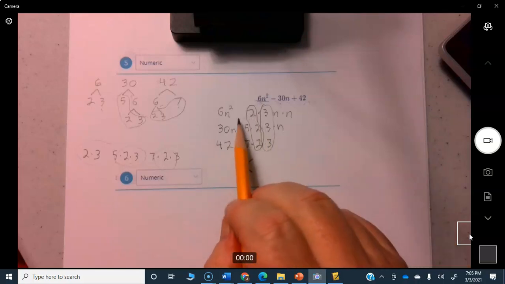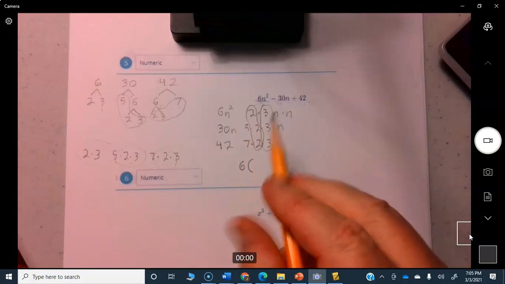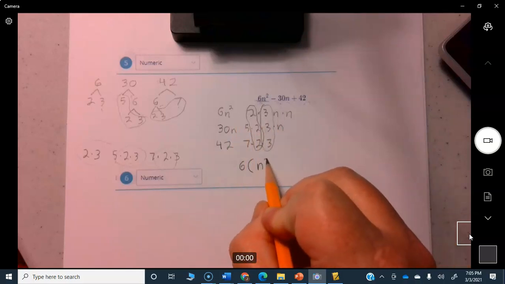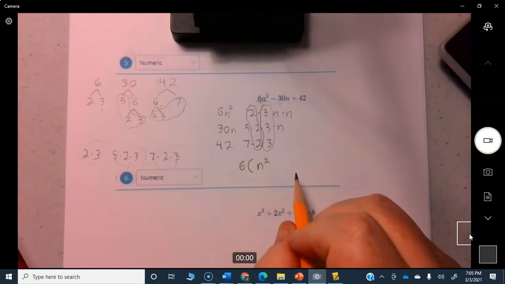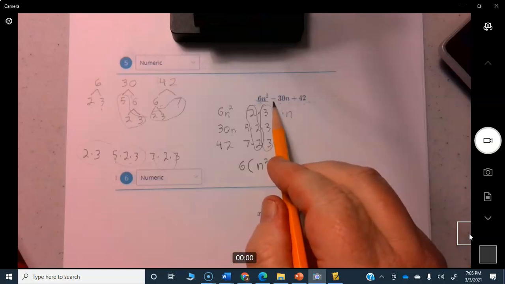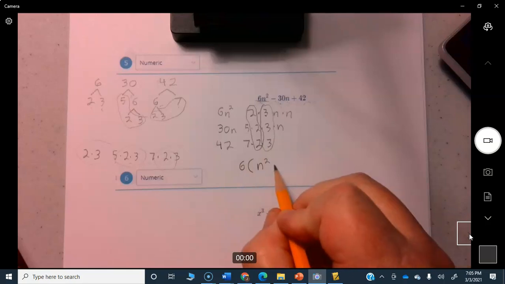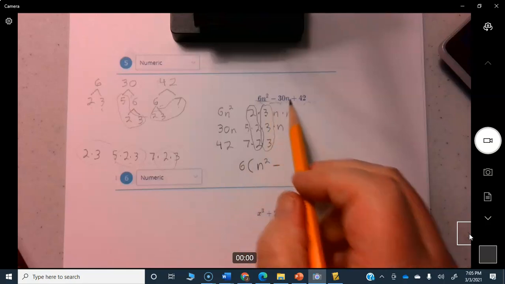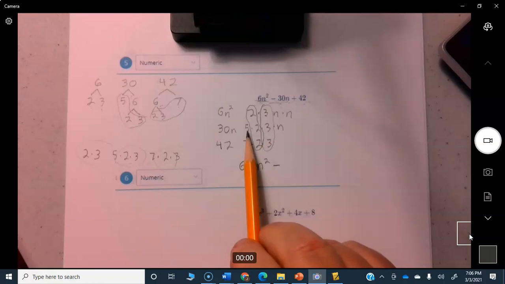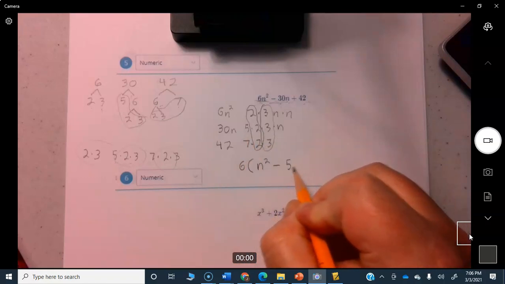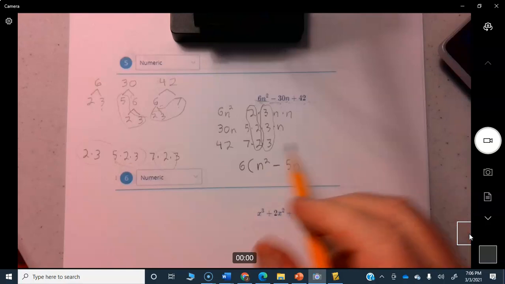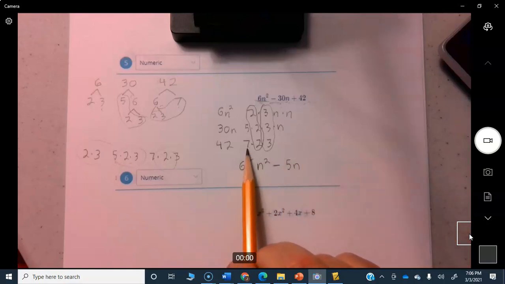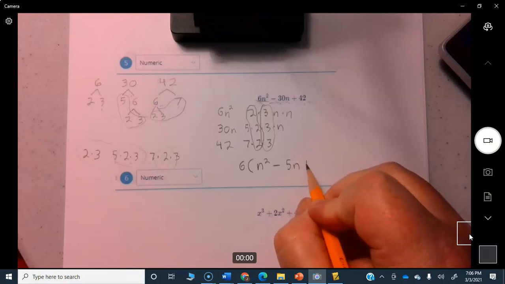Okay, and then for this term up here, you have n times n, so that's going to be n squared. Okay, now be careful, you have a negative sign here and a positive 6. So the next term is going to have to be negative because we need this to be negative. And what do you have? You have a 5 and an n that were not circled, so 5n. And finally, down here you have just the 7, so it's plus 7.